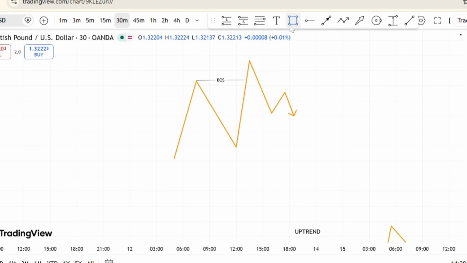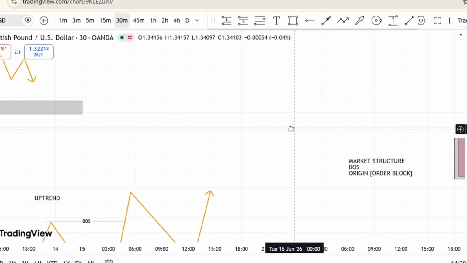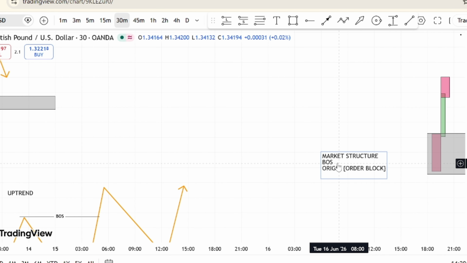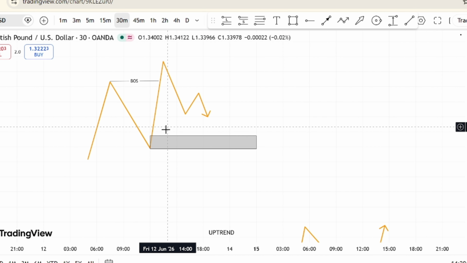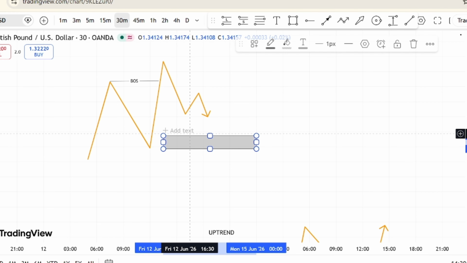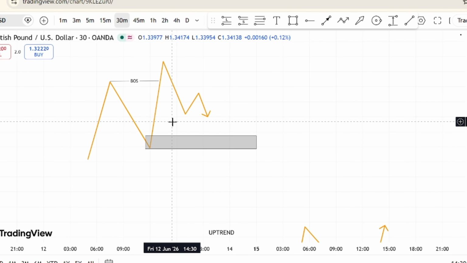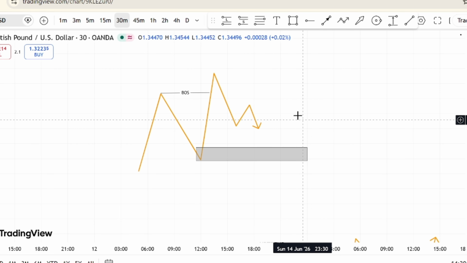So the origin has to be the very last order block here. That is why I put order block, then I put the word origin in brackets. It has to be the very last one before that move. So if at all there's no order block at the extreme here, that means our strategy is incomplete. So there we don't trade.